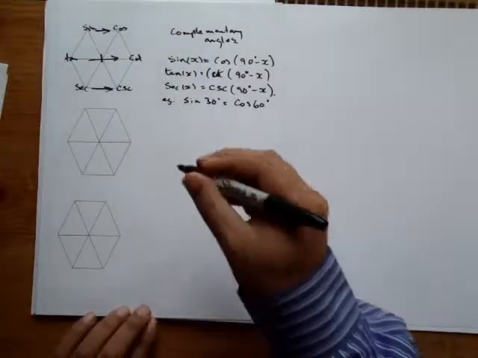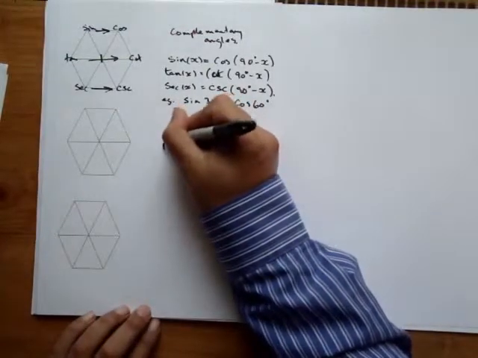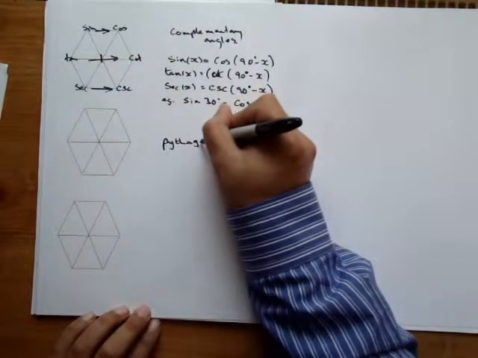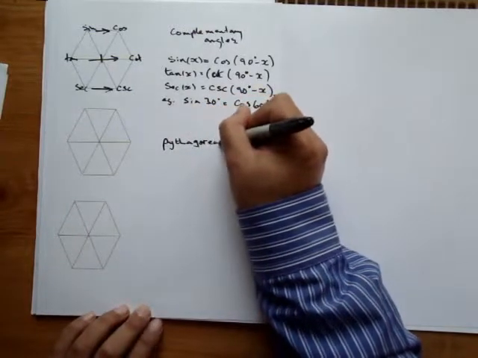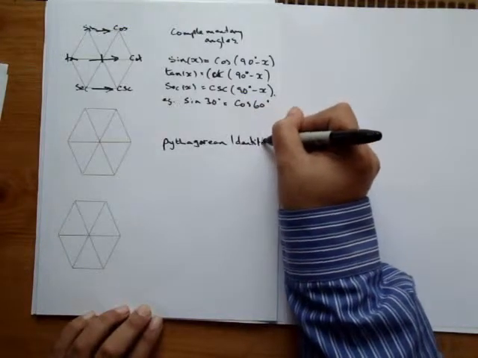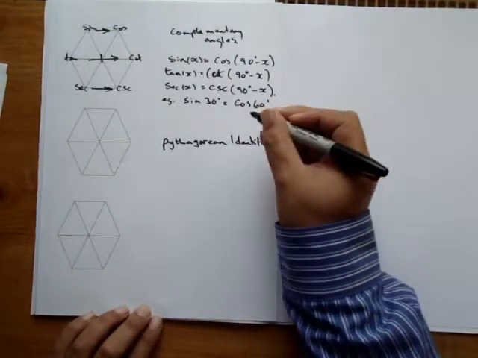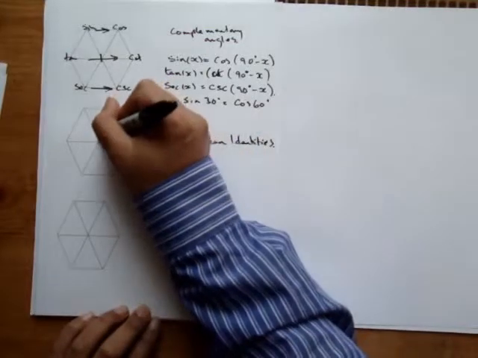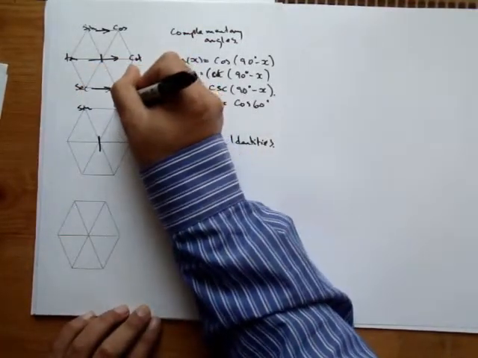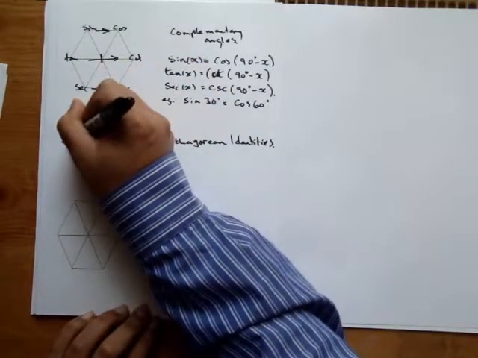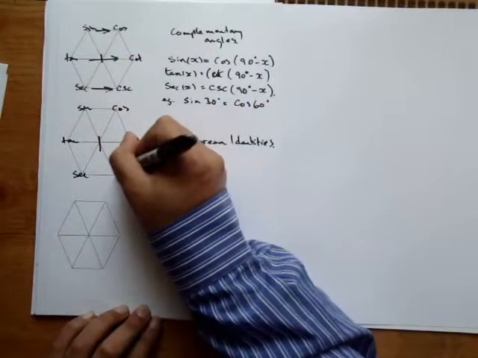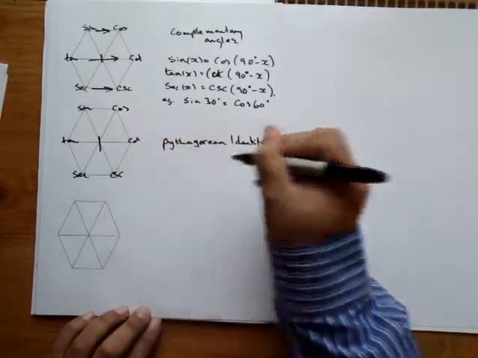Here we have, if we want to learn the Pythagorean identities, we again put the 1 in the middle: sine, cos, tan, cot, sec, and cosec.